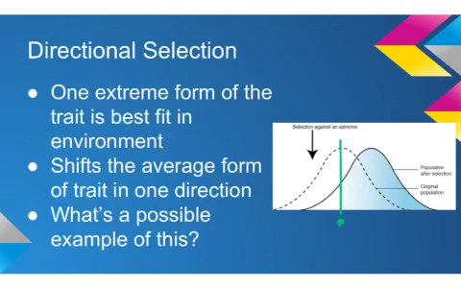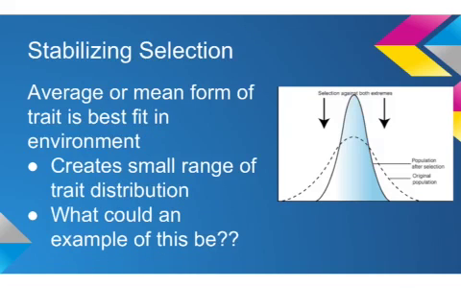But some event occurred where we selected against these white-furred ones here and selected against more common brown fur, and we're going to get our black fur following in this average here. So a possible example of this, I've kind of given you one there, the wolf fur color.